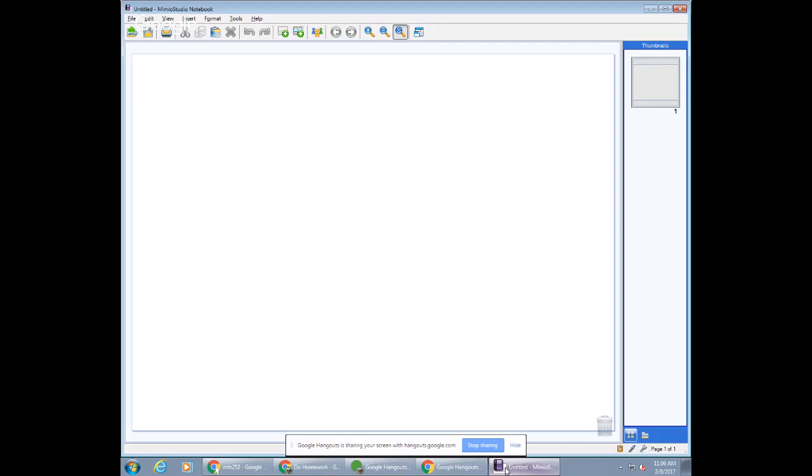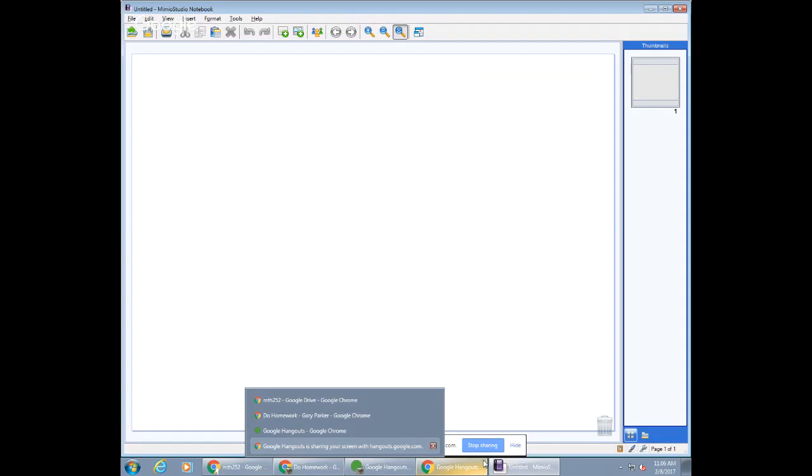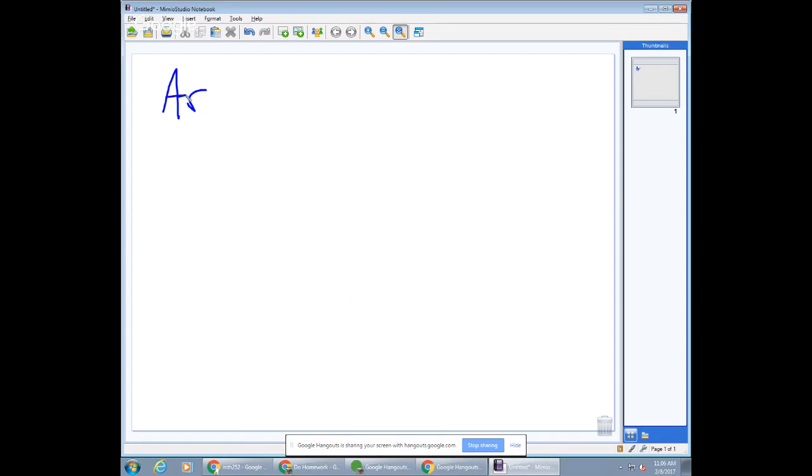Okay. So arc length is easy in some ways and hard in others. We came up with a formula for it the other day.